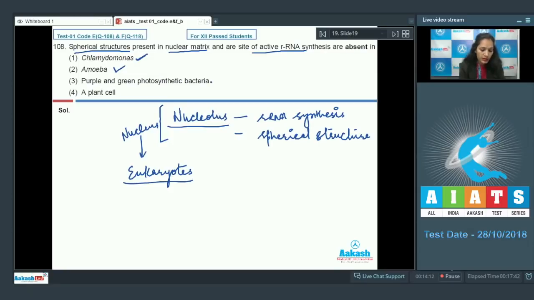Purple and green photosynthetic bacteria, no, they are bacteria and bacteria are the sole members of kingdom Monera, means they are prokaryotes. So nucleolus will not be present here. A plant cell, plants, kingdom Plantae, yes, they are eukaryotes and nucleolus will be present over here. So the correct option for the given question is option number 3. Let's move on to the next question.